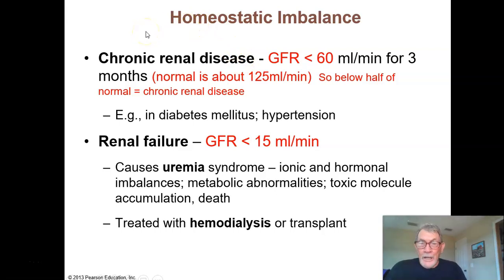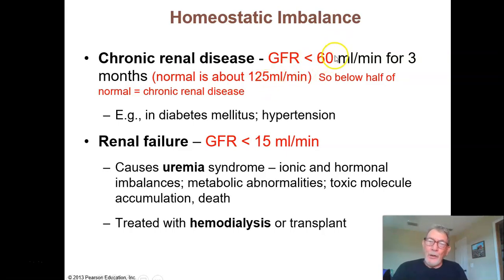So a 90-year-old, my mom, when she was 95, still had a GFR of about 65. Okay? But that's normal for a 95-year-old. But it's close to being kidney failure, because anything below about half of normal, instead of actually memorizing a number, if it's less than half of normal, it's too low.